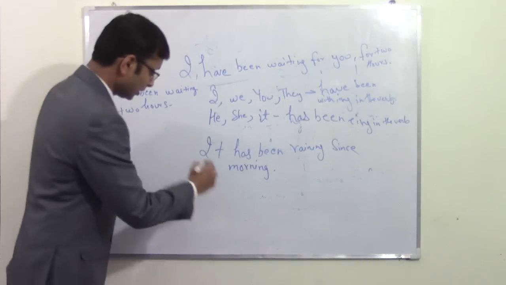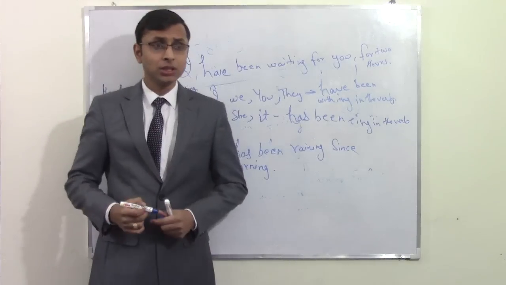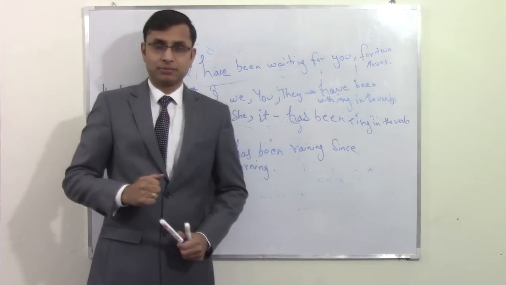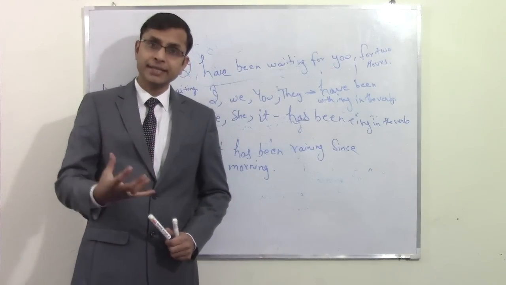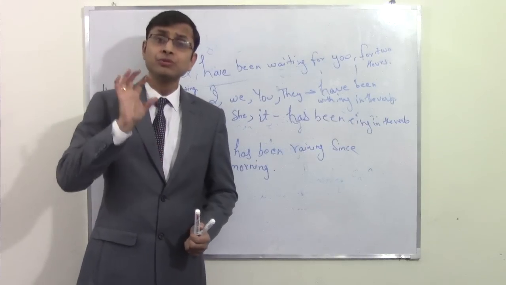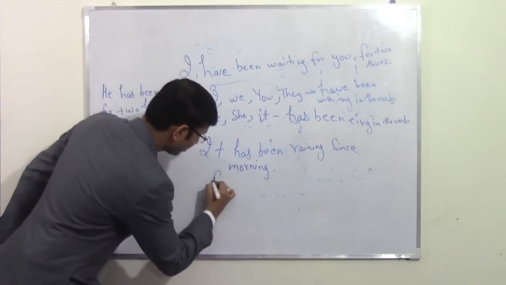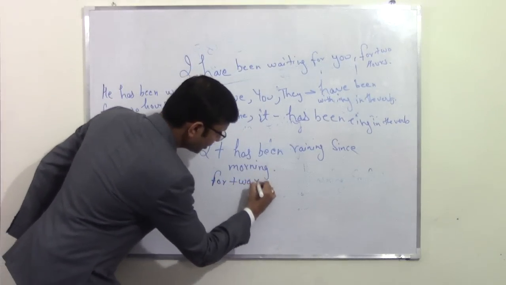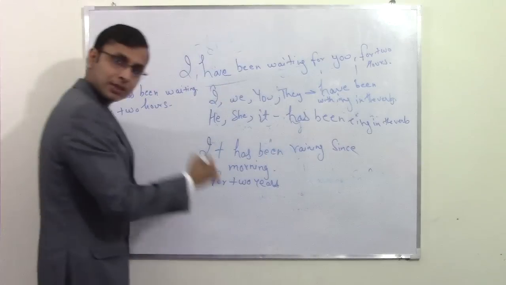So when we talk about amount of the time, like 2 दिन से, 2 घंटे से, 3 महीने से, 3 साल से, then you always use for. So it's like for 2 years. You can write it down, that's extremely important.